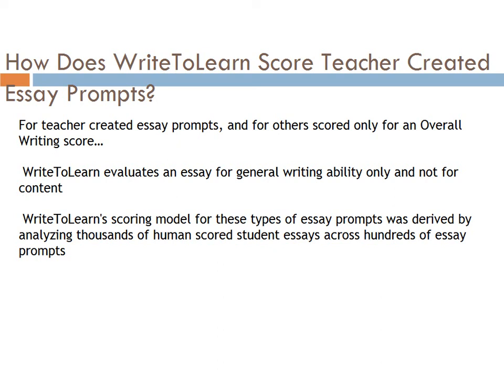For those, we're only able to give a holistic or overall score. We do that using a scoring model derived by analyzing thousands, if not millions now, of human scores on essays across hundreds of prompts.